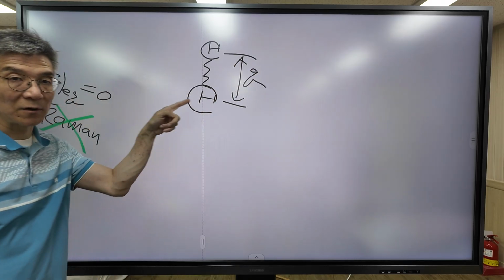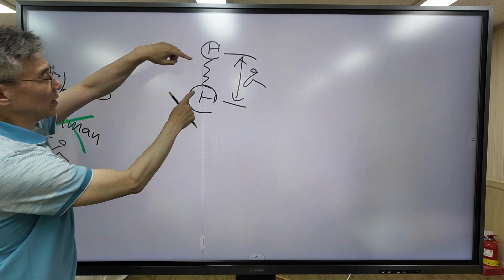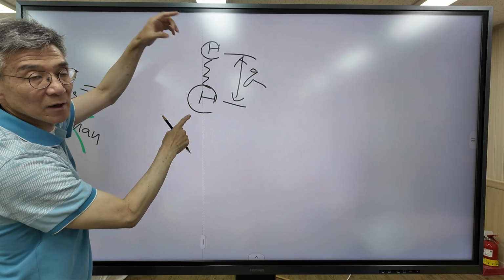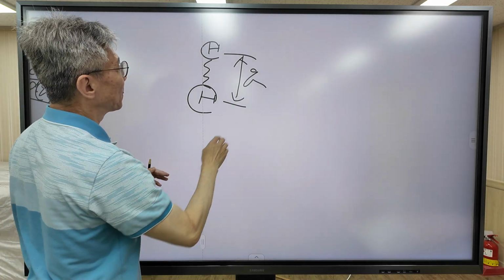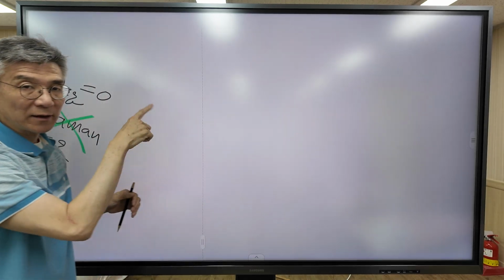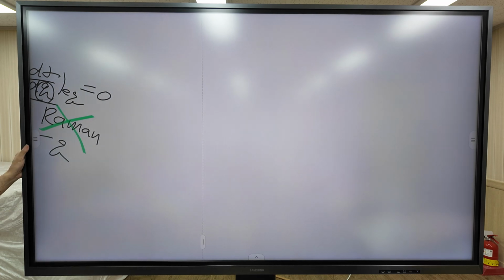This is the vibrational coordinate. When Q changes, polarizability must change. But when the molecule rotates, the polarizability also changes.